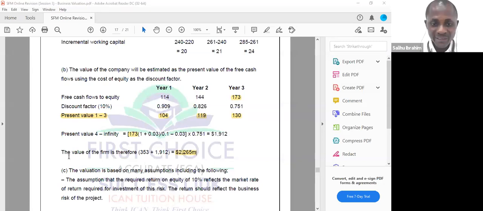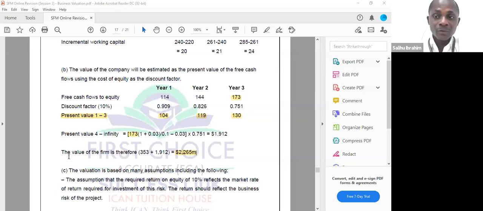So that's how to value your equity using free cash flow to equity. What we simply did here is that we discounted the expected free cash flow that we are hoping this equity will give to us. We discount it using the cost of equity.